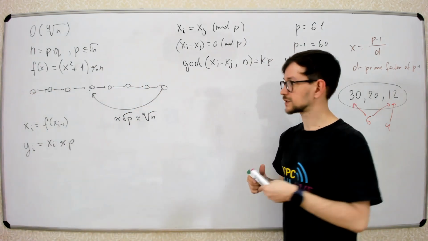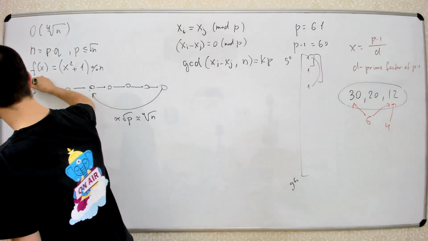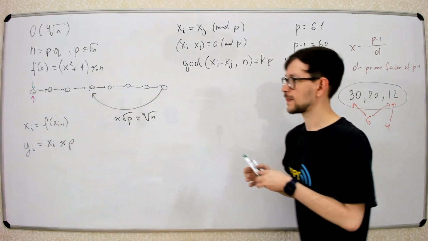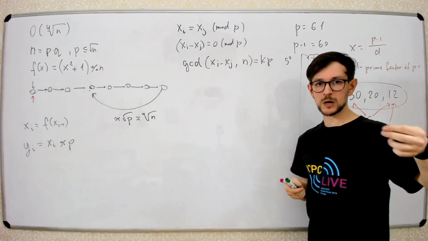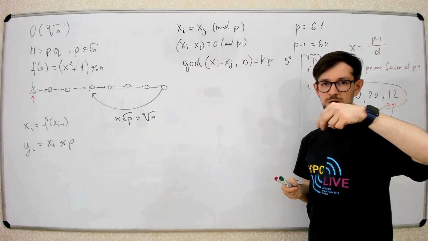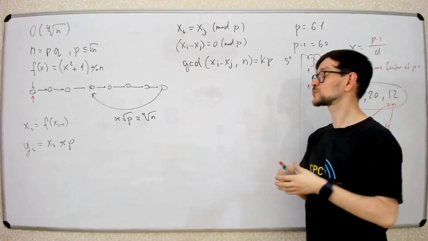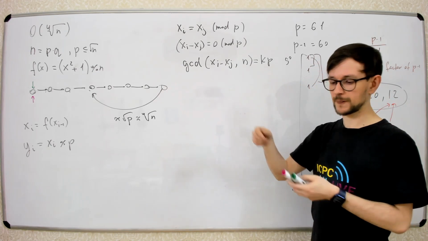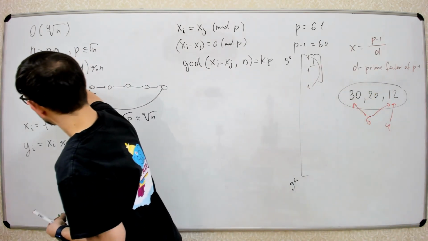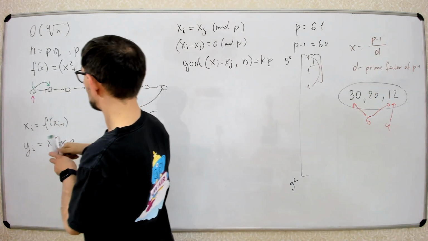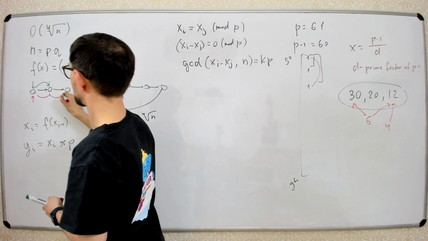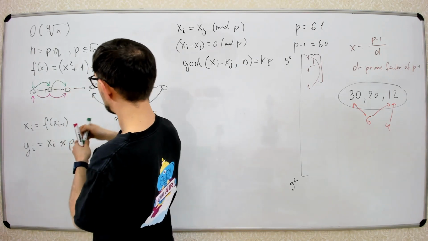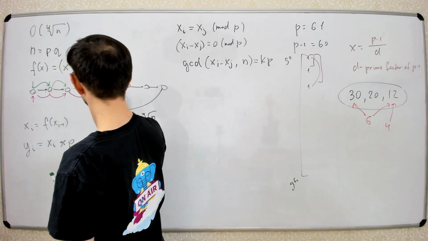Let's take 2 pointers and put them here. So first pointer is here, second pointer is here. Now, each time we make one step: the first pointer we move 1 step forward, and the second pointer we move 2 steps forward. So we move this pointer here, and this pointer here. Then again we move this pointer here, and this pointer here.